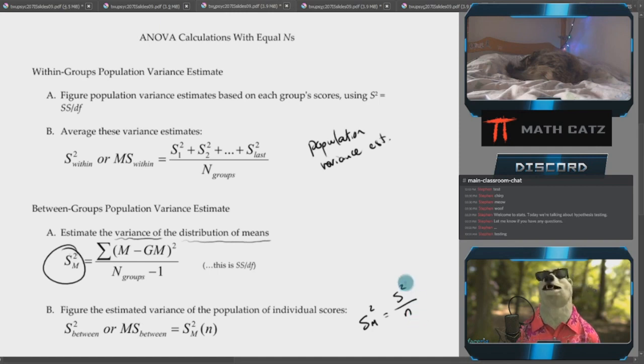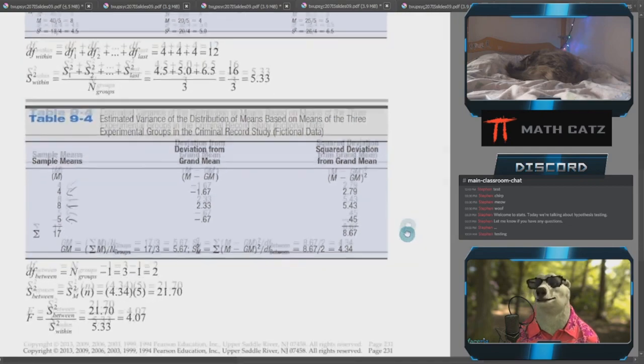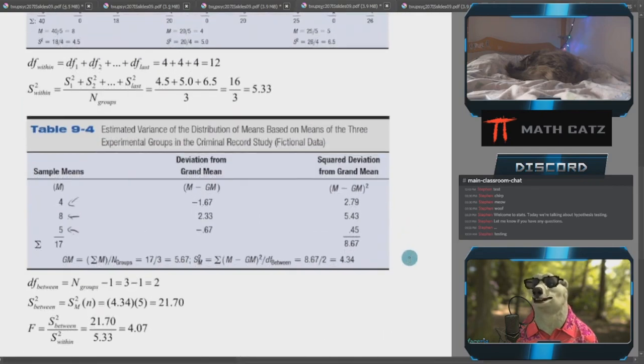So therefore, to now reverse this and get an estimate this way for the population variance, I multiply that by n, the sample size. All right, so let's see how that is done here. So that's a little catch, I suppose, that if you're not aware, we could easily fall into that trap.